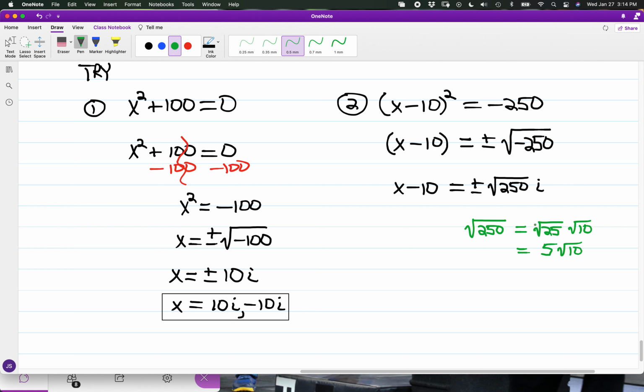And the square root of 25 is 5, so following through, x minus 10 is going to be equal to plus or minus 5 times the square root of 10 times i.